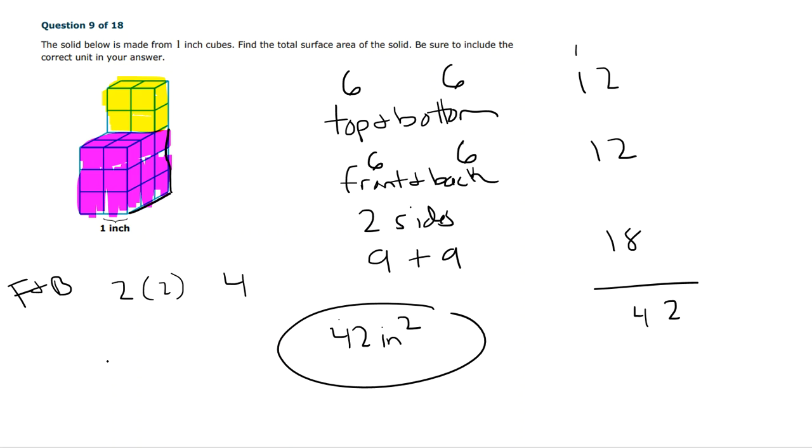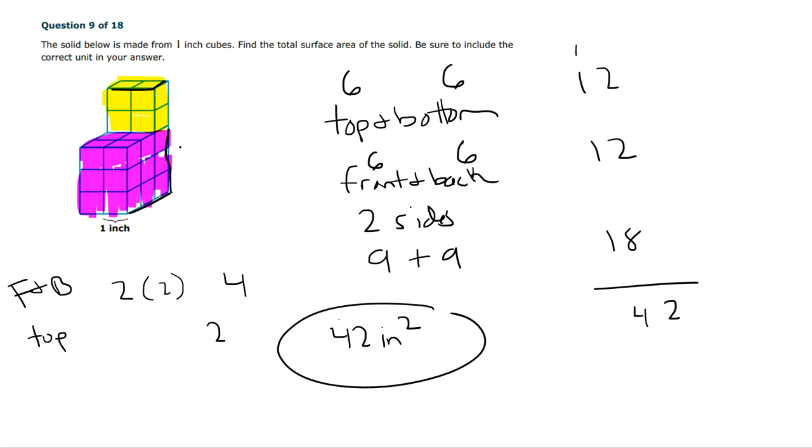And then when we look at the top and bottom here, in this case, the bottom is not showing because it's on top of the other shape. So the only piece that is showing is the top piece, okay? And it's a 2 by 1 rectangle. So 2 times 1 is 2, and that's for the top, okay?